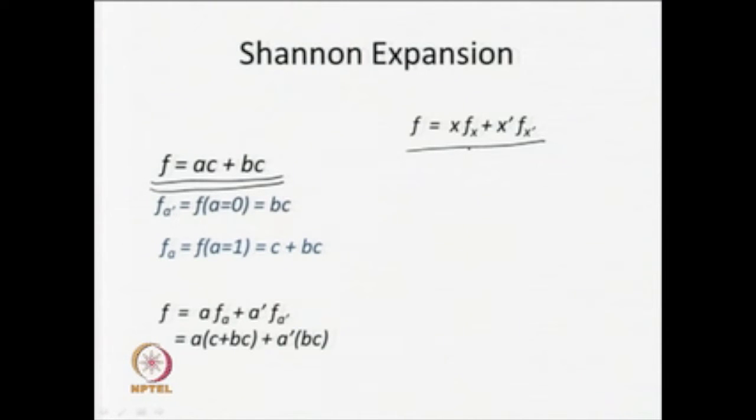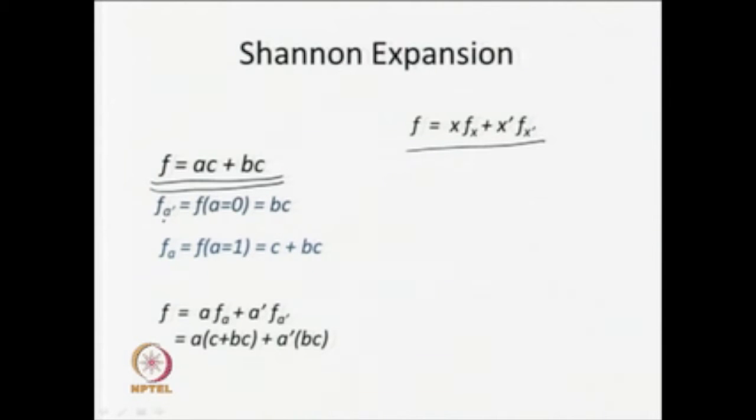So f a is the function when we treat a equal to 1. f a is c plus bc, because when a equals 1, 1 dot c is c, plus bc.